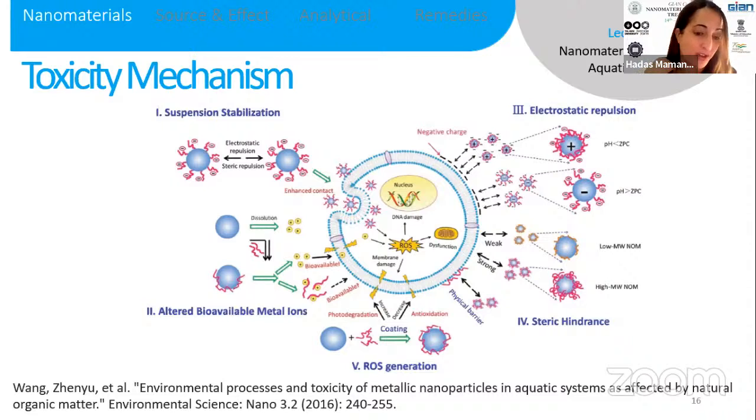Another one is the bioavailability of metal ions that are dissolved. We discussed a little bit about the dissolution of these things. This is very specific to soluble metallic nanomaterials, which have an impact on their bioavailability depending on the state of the material.